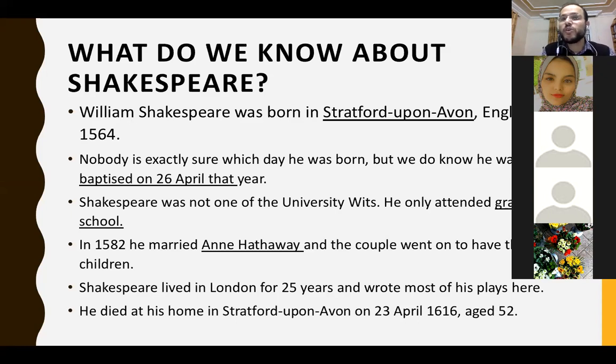So they were called university wits. But Shakespeare only went to a grammar school. So that's why many people ask, well, how come? How can one who just finished primary school do this? Is it possible?